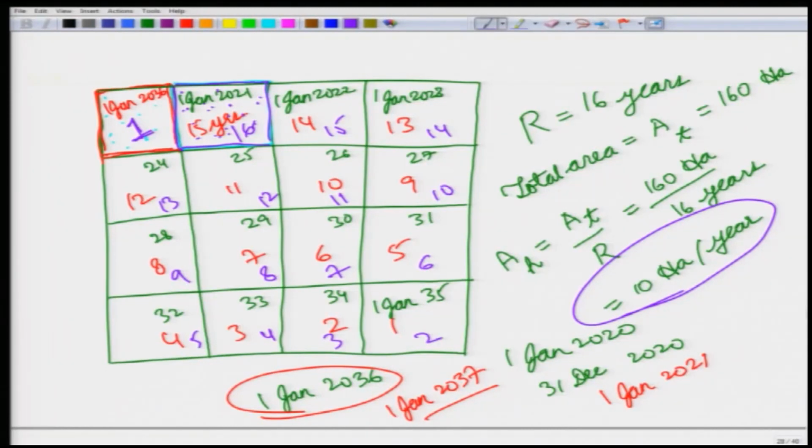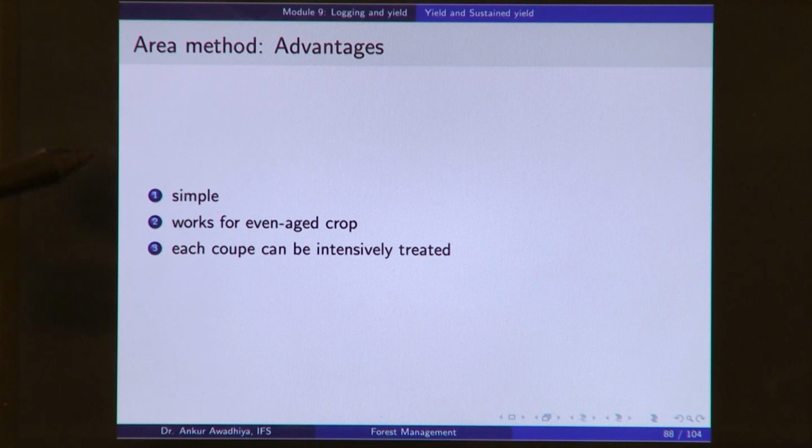So, on 1st of January of every year, you will be having an area of 10 hectares that you can fell on that day, and this can continue till infinity. So, you can perpetually extract this forest of area of 10 hectares every year. So, this is the area method.